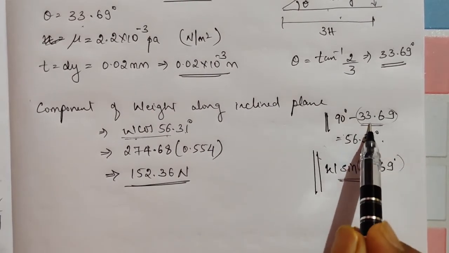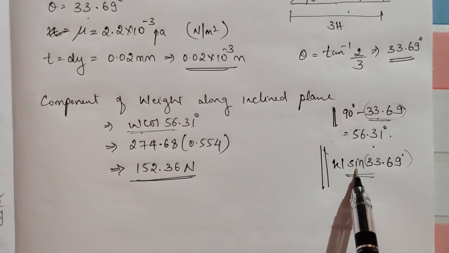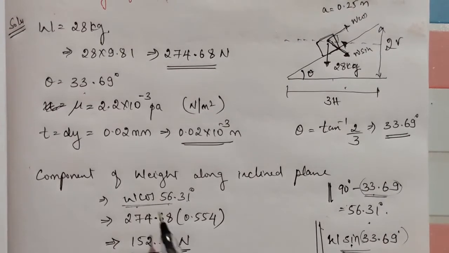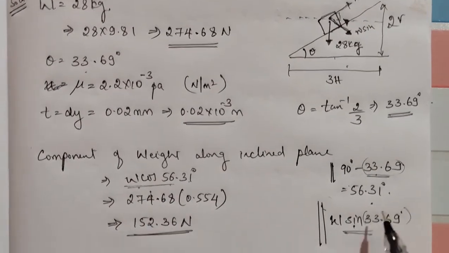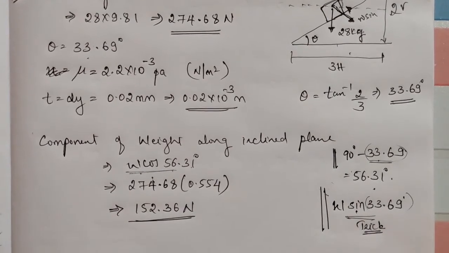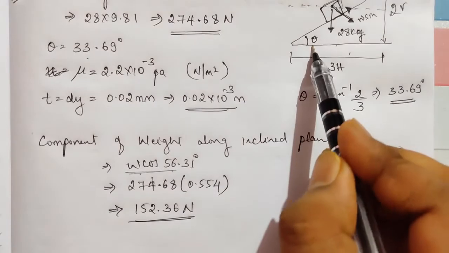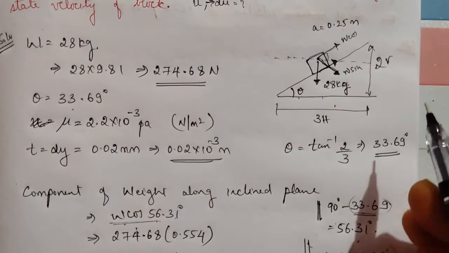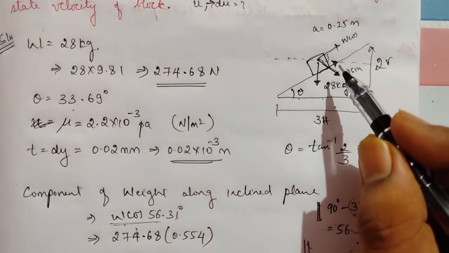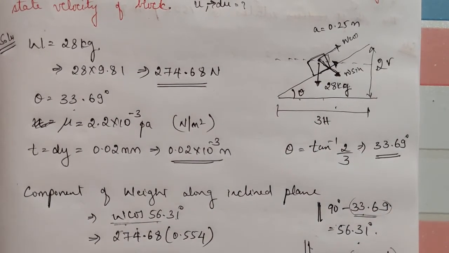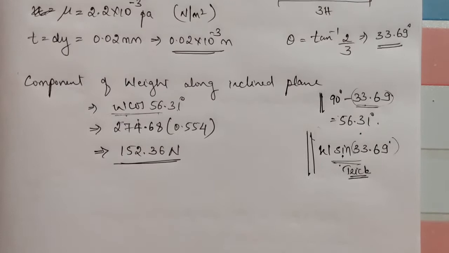Whatever inclination degree is given, directly take the sine function. If you go conceptually, you have to take cos. This is so as not to confuse. Some will directly take the sine term. When I do the diagram, conceptually we should take W cos 56.31. Whatever the case, the answer should be 152.36 Newton.